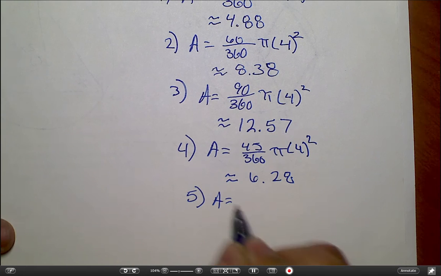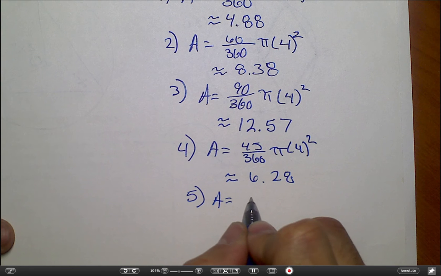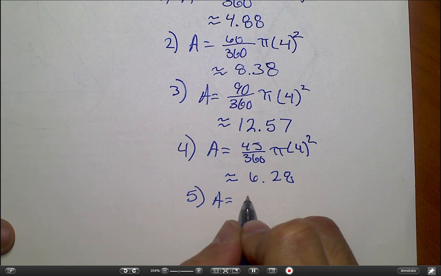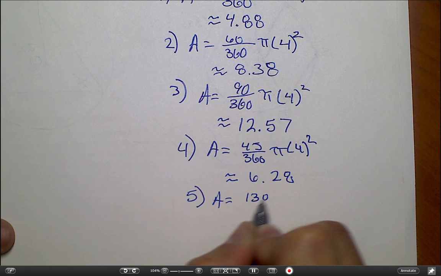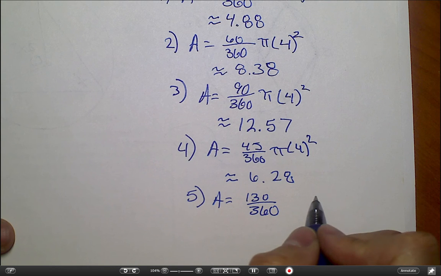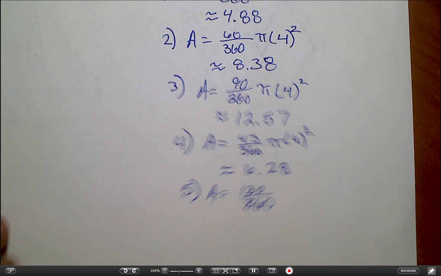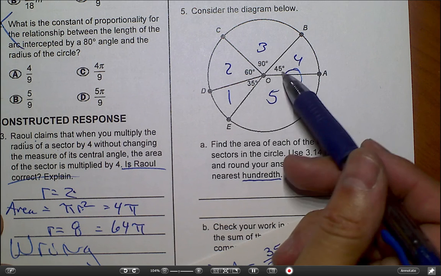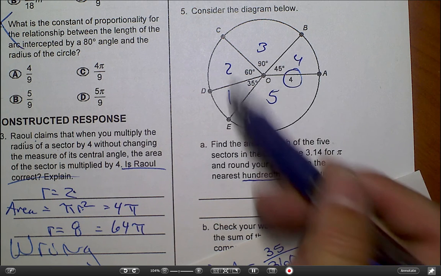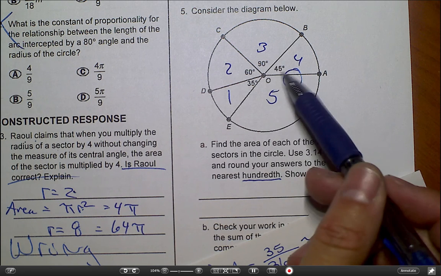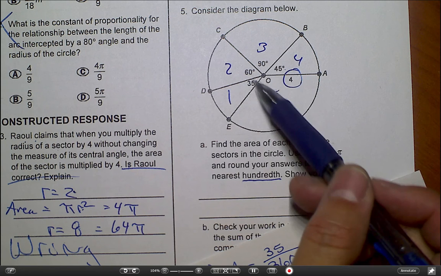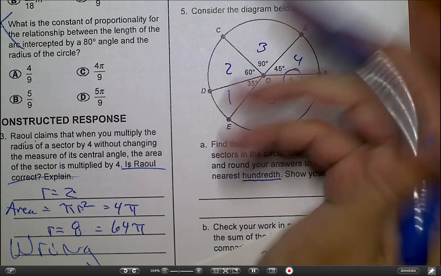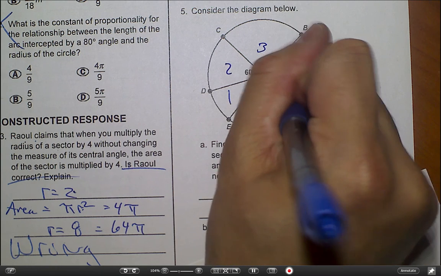Can you please tell me what it is? It's 130 over 360. Very good. Where'd you get the 130 from? I added up the numbers and subtracted it from 360. Excellent. That's what you needed. If you notice, this whole thing is 360, so if you take 360 and subtract these ones, it's going to give you that this missing angle is 130.